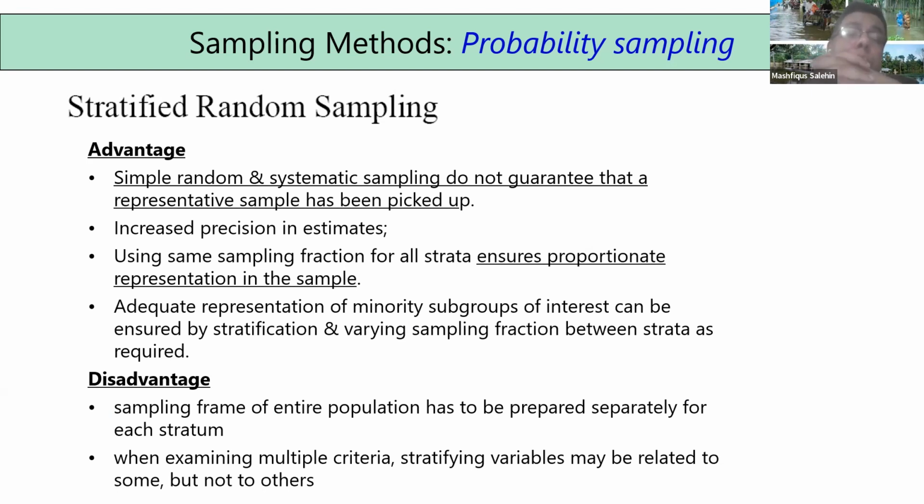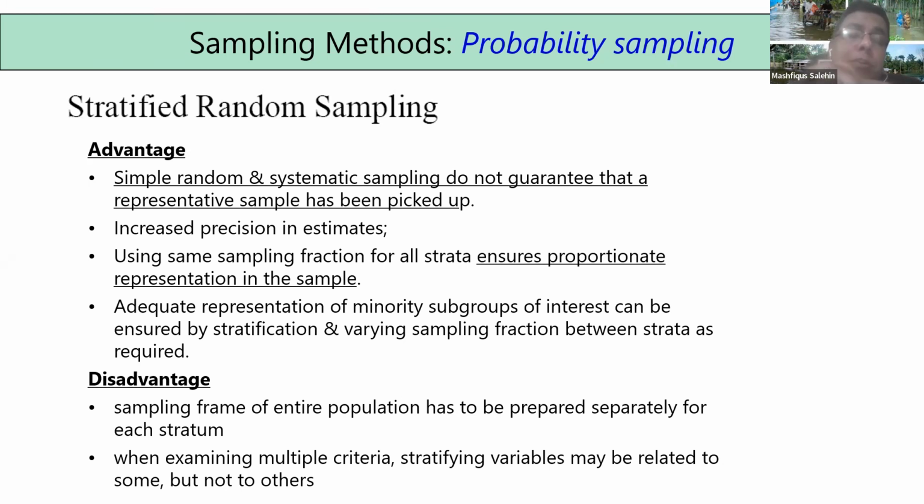It usually gives you increased precision in your estimation. And importantly, since you have tried your best to capture all the strata, it ensures a proportionate representation in your samples.